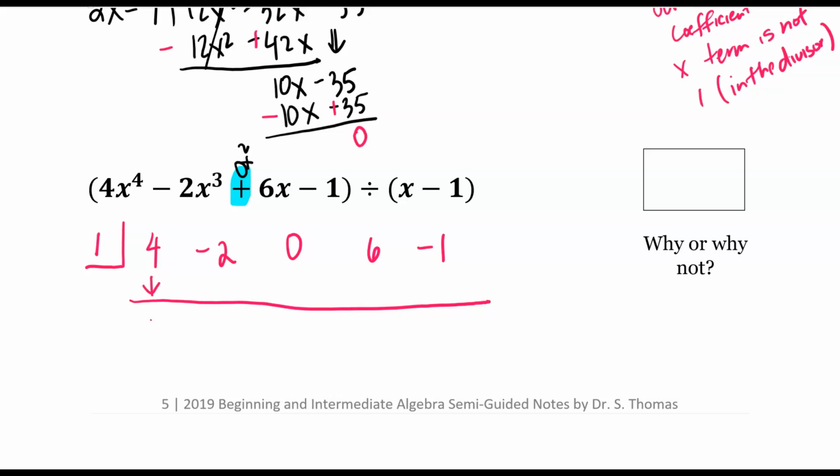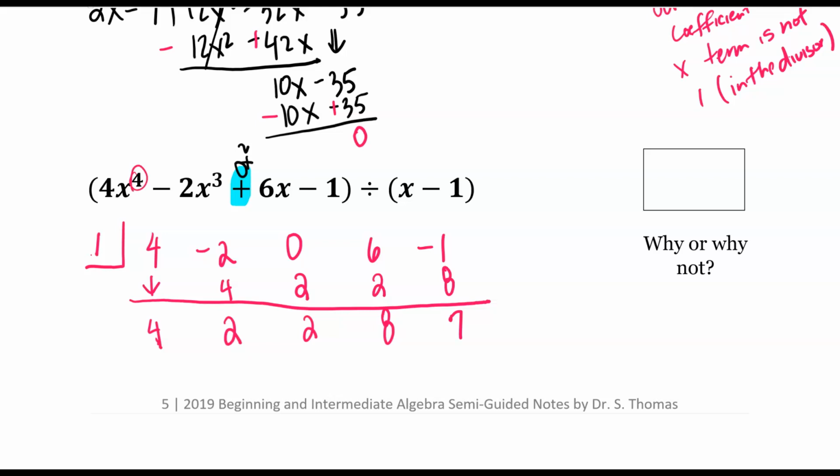So we're going to drop 4, multiply 4, add 2, multiply again, 2, add 2, multiply 2, add 8, multiply 8, add to get 7. And our answer would be 4 what?